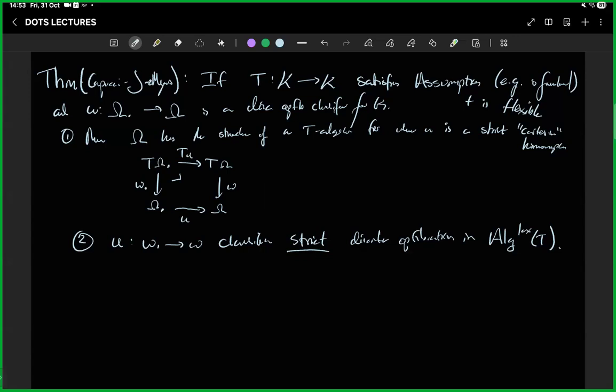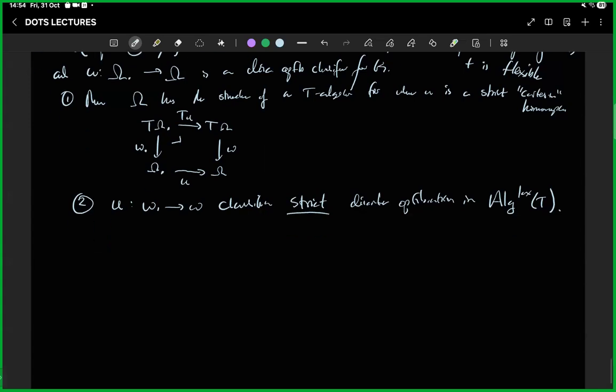You've added an element of a set to it, which would be adding structure. So it being strict here is saying that the algebraic structure that you put on these things is projected out directly.